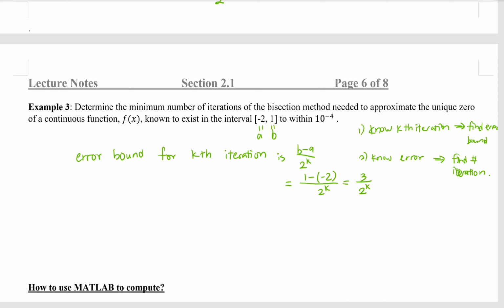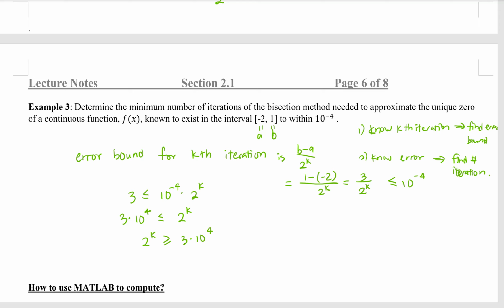We want this error to be within 10 to the -4, and we want to solve for k. So how do we do it? Multiply both sides by 2 to the k. We get 3 less than or equal to 10 to the -4 times 2 to the k. Then multiply both sides by 10 to the 4th, and we get 3 times 10 to the 4th. On the right-hand side, the 10 to the -4 cancels, and we just get 2 to the k. Let's switch them, so my unknown is on the left.